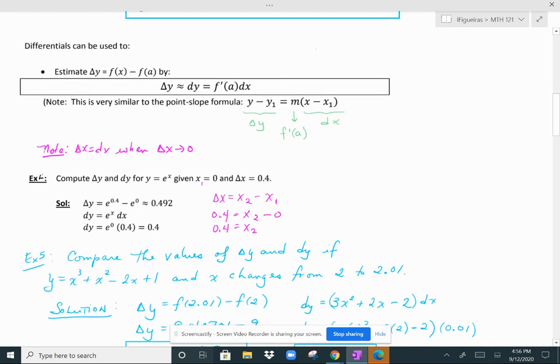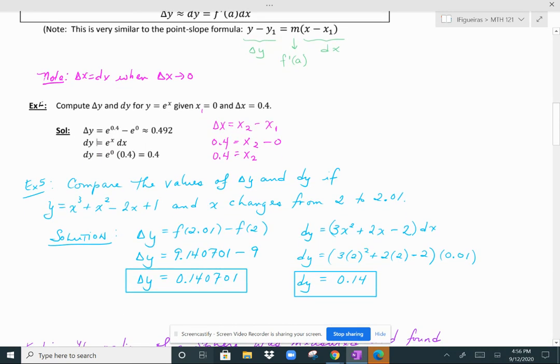Let's do another one that's similar. We want to compare the values of delta y and dy for this third degree polynomial. We were given that x changes from 2 to 2.01. So here my delta x would be small, which is good news. My computation of delta y would be to plug in 2.01 into the polynomial and then plug in 2.